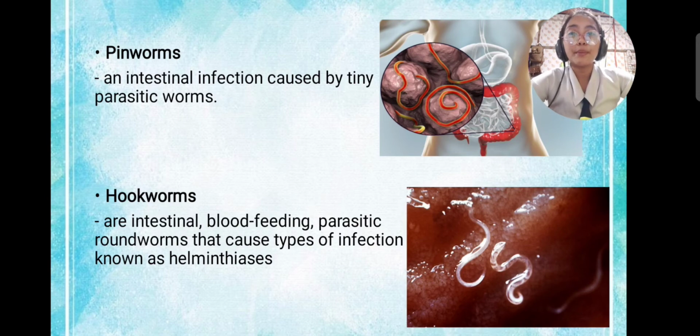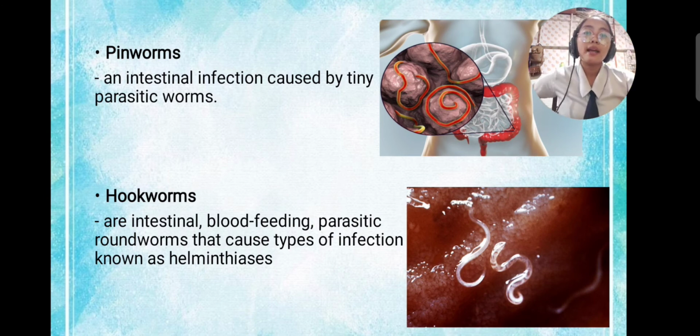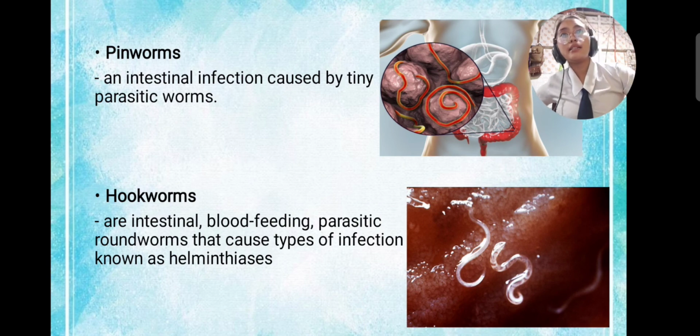Next is pinworms, an intestinal infection caused by tiny parasitic worms. You can become infected, usually unknowingly, by swallowing infective pinworm eggs that are on fingers, under your fingernails, or on clothing and bedding, and other contaminated objects and surfaces.